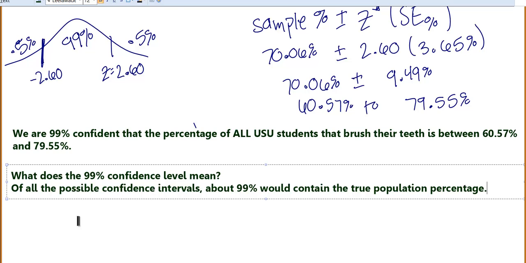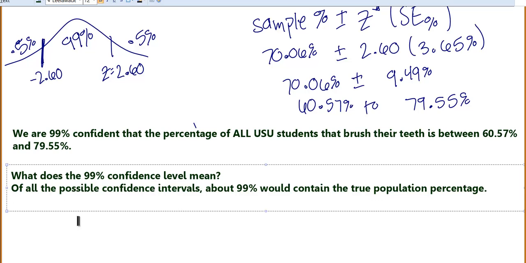So someone tell me why, well, it says all possible confidence intervals, why is there more than one confidence interval? What does that mean of all the possible confidence intervals? Why is there more than one? Anyone want to take a stab at that?